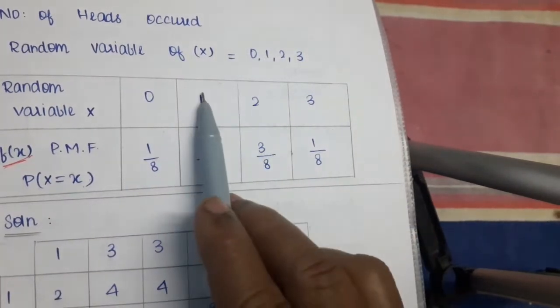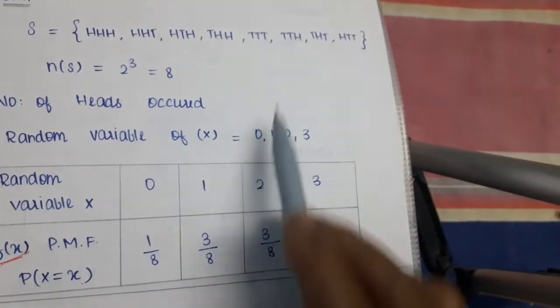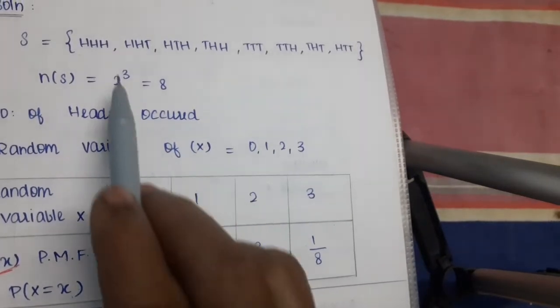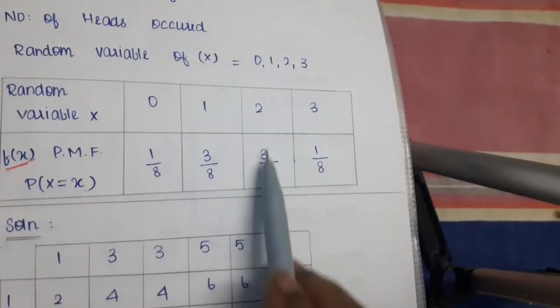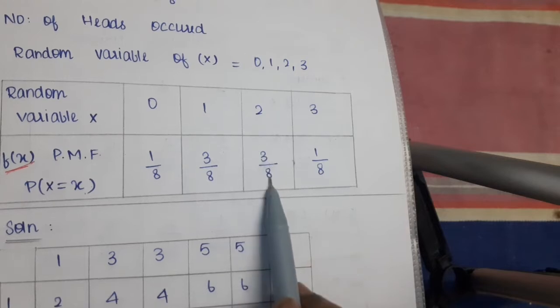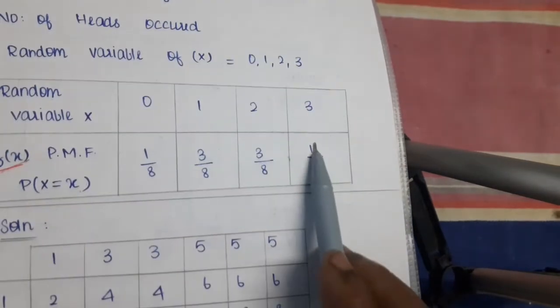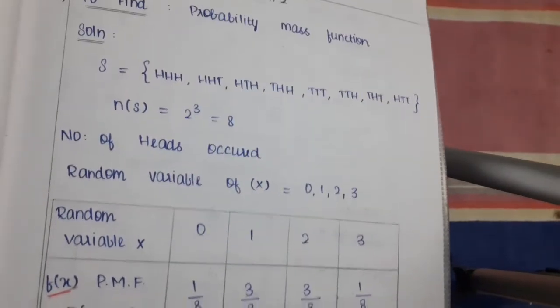For 1 head, there are 3 chances, so 3 by 8. For 2 heads, there are 3 chances, so 3 by 8. Next, for 3 heads, 1 chance, so 1 by 8. Using a simple tabular column, you can easily find the values.